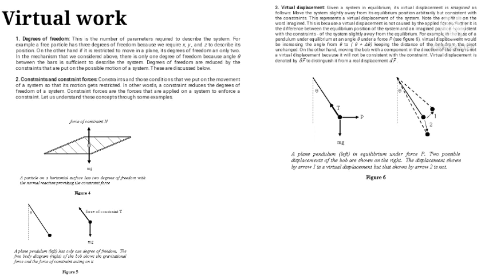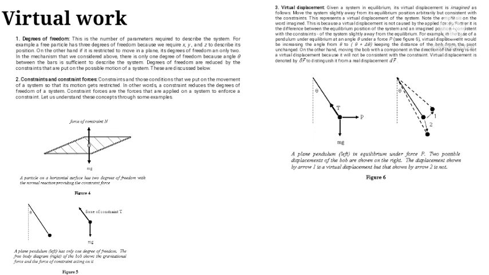Rather, it is the difference between the equilibrium position of the system and the imagined position, constrained perpendicular to the string, with the angle theta changing. The virtual displacement increases the angle theta while keeping the distance of the bob from the pivot unchanged.